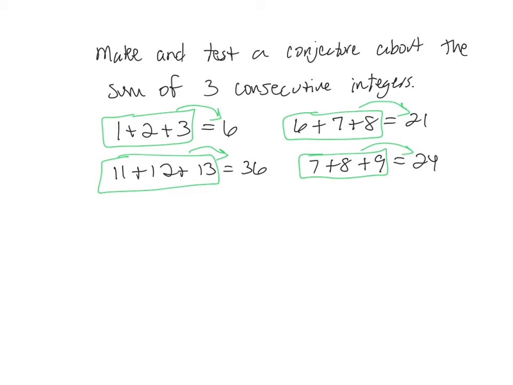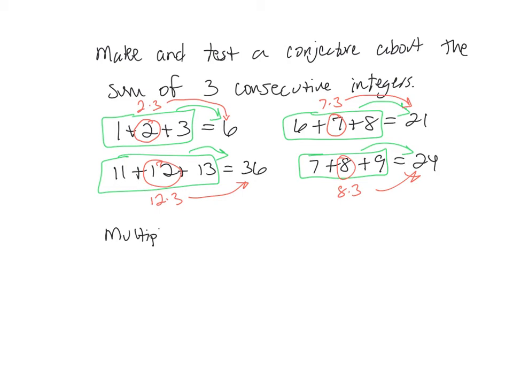But really, if I did the middle number times 3, so the answer, if you will, would be multiply the second integer by 3 to get the answer.